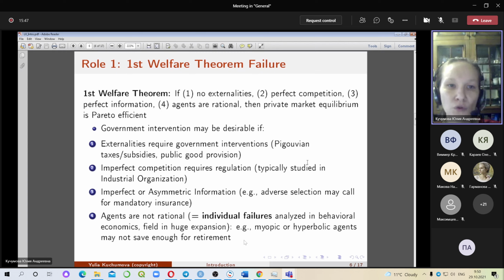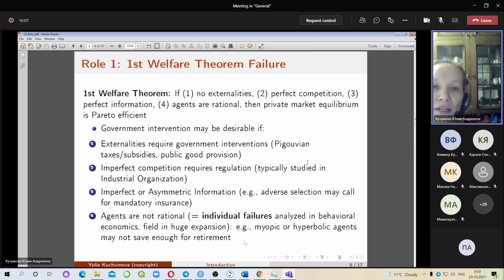Let's start by considering this first role of the government. First of all, we need to recall what the first welfare theorem is. This is from your microeconomics course, so let's dig into our brains and recall that theorem.